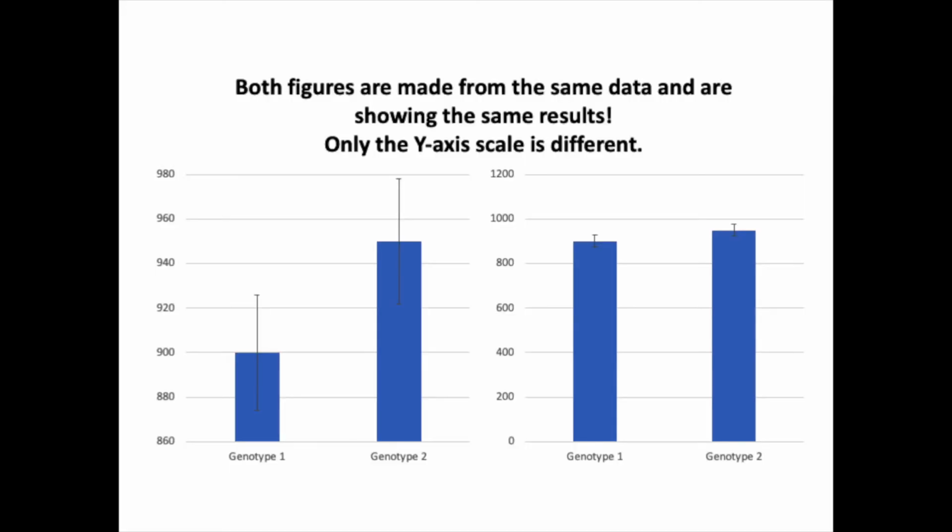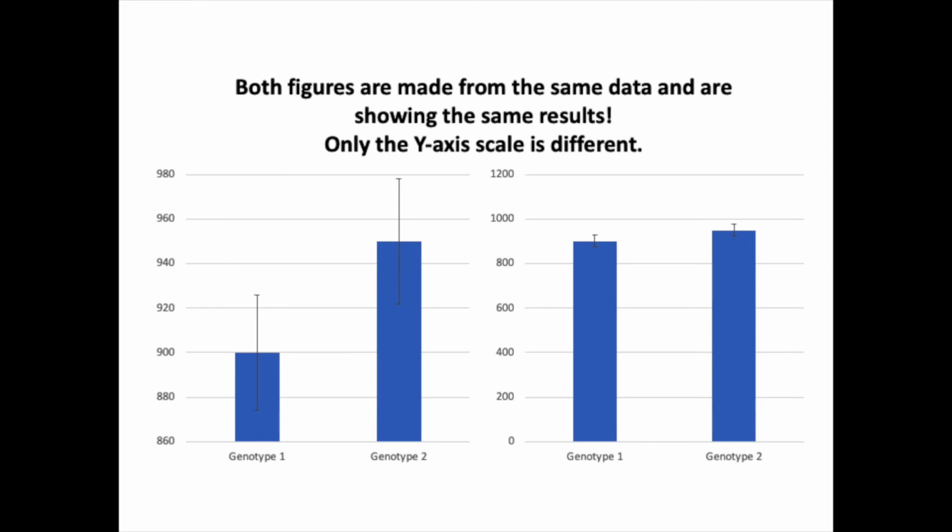So for example, if you're making a bar graph or a line graph and you're comparing two different treatments, think about where you start and stop the scale. So should you start the scale at 0? Let's say if your numbers are 900 and 950, should you start the scale at 0 or should you start the scale at 850?